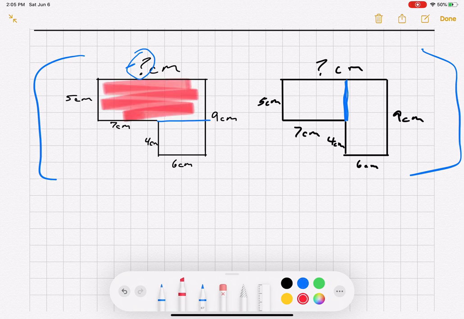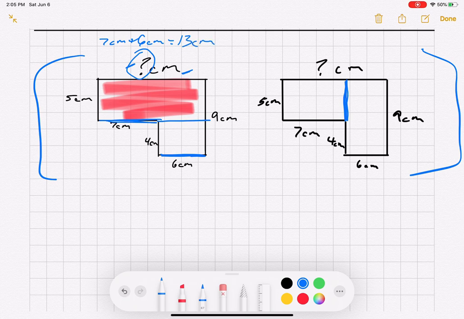Okay, so first we're going to start, I'm just going to shade in this area here. We're going to start with this red area here. I need to figure out what the centimeters are here. And I can do that because I know that this side plus this side is going to equal that side. So I have 7 centimeters plus 6 centimeters is going to be 13 centimeters.